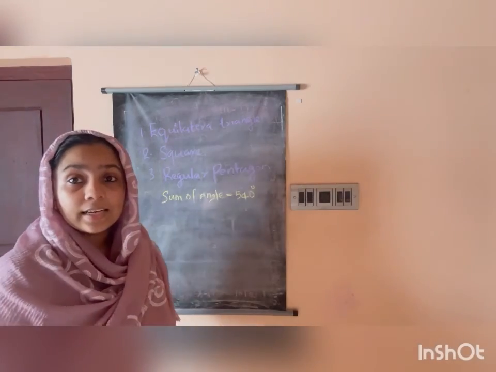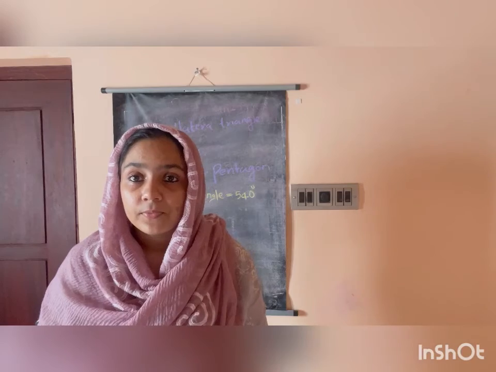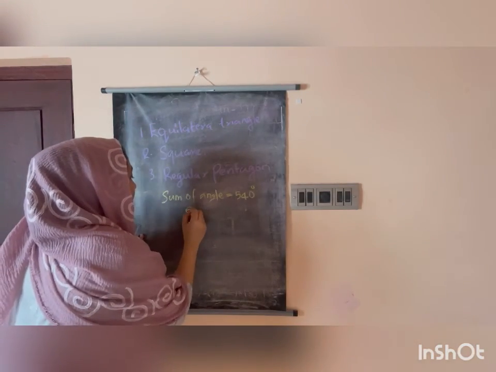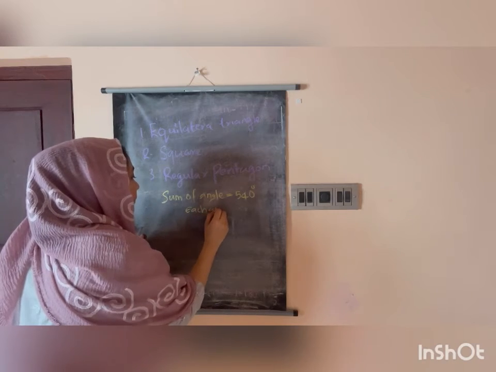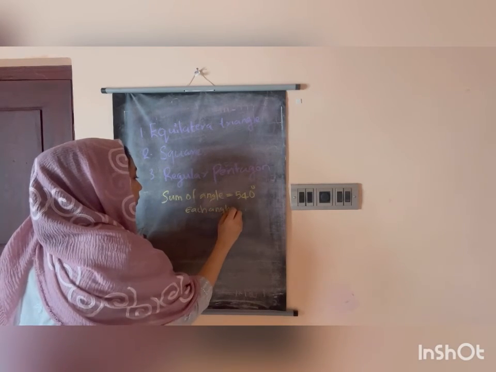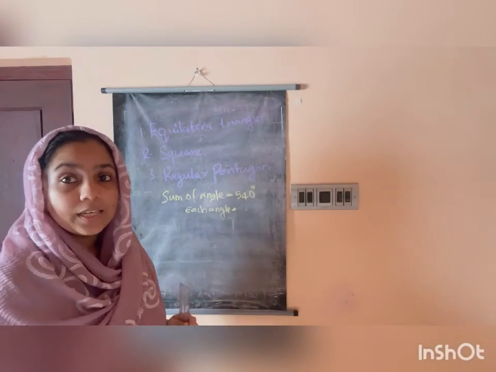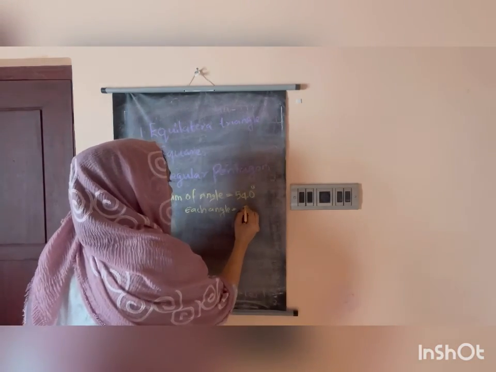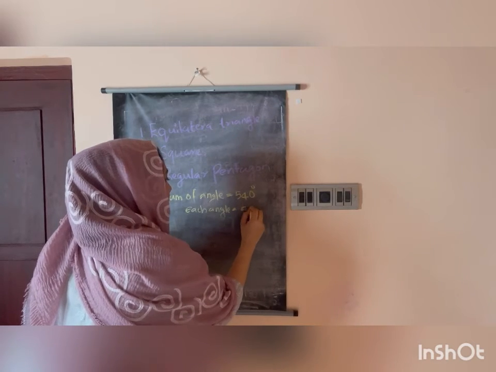How many sides and angles does our pentagon have? 5 sides. So each angle is equal to 540 divided by 5.